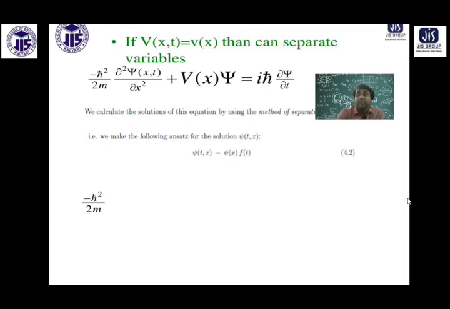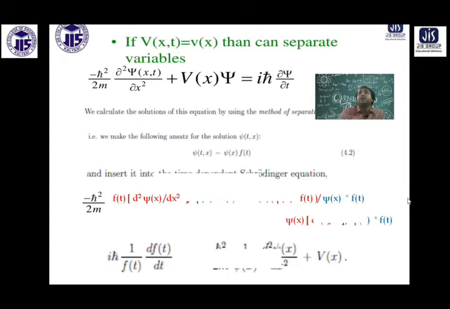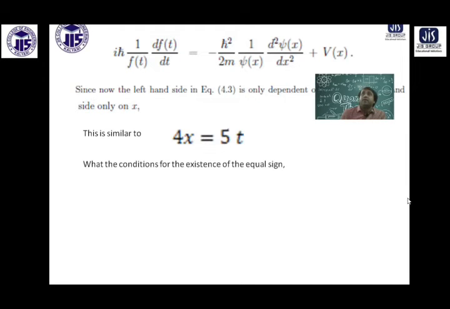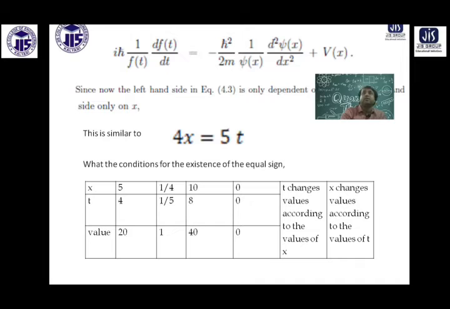If you look at this expression, one side depends on x, the other side only depends on time. If you now ask when these two sides will be equal, you'll get an enormous number of answers; many options are there, say x is 5, t is 4, you understand.